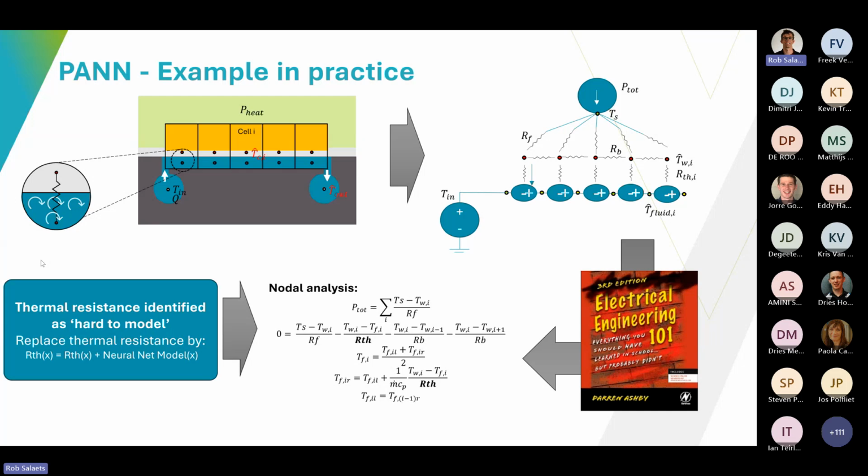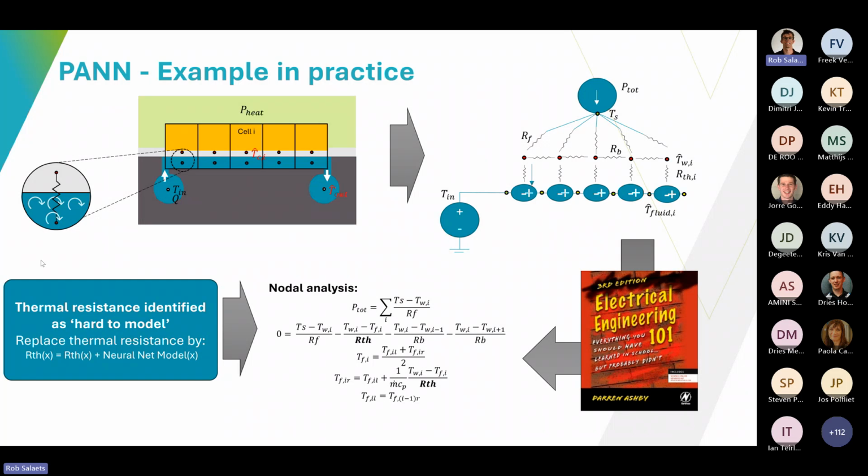And we then know that the power you put in needs to flow through these thermal resistances, and eventually the liquid will heat up. And then, as I said, the difficult part is the interaction between the base plate and the liquid. So we also put a thermal resistance there, but instead of it being just a simple value, it is a value that will change for different operating conditions.